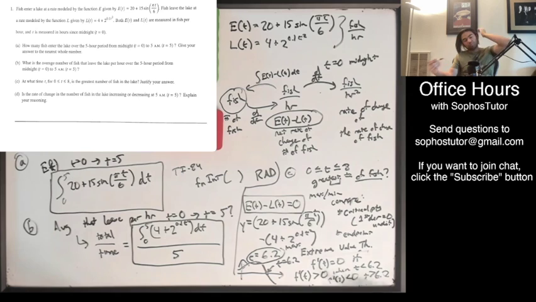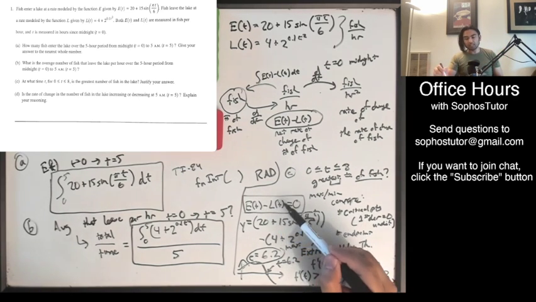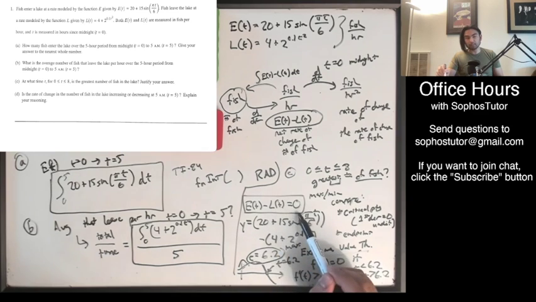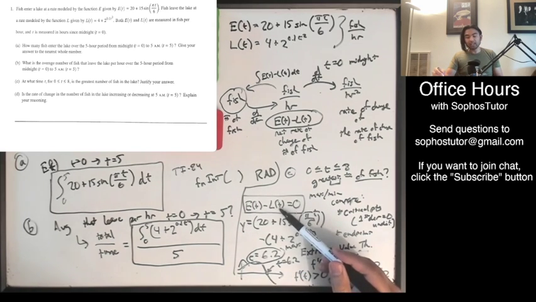So to summarize, we need to determine that E of t minus L of t is the derivative of the number of fish. To determine maxes and mins, we set this rate to 0. And then to determine if this point is a max or min, we need to see if this derivative is positive before we get to 6.2, and if it's negative after t is 6.2.